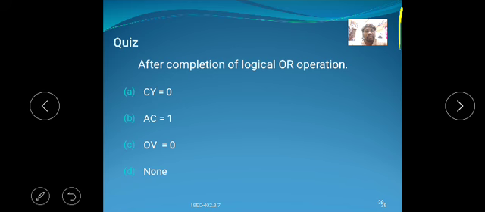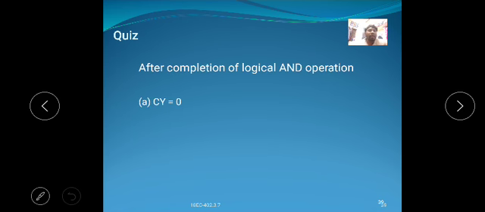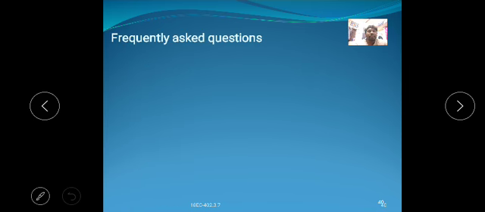The answer is none. After completion of the logical AND operation, no flags are affected, that is, none.